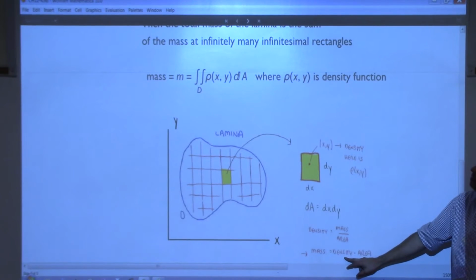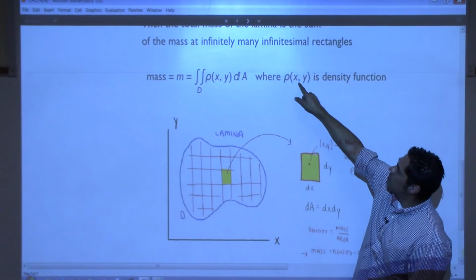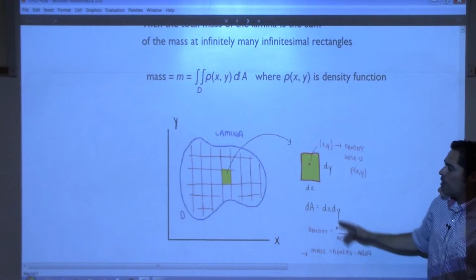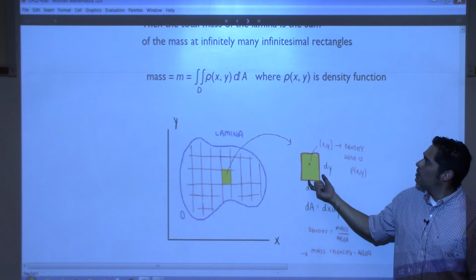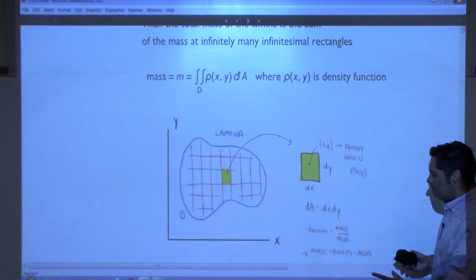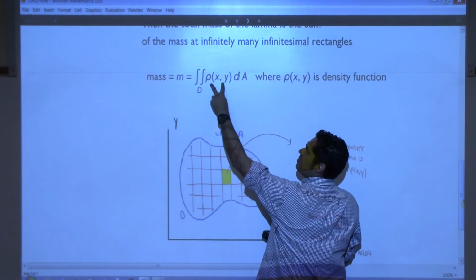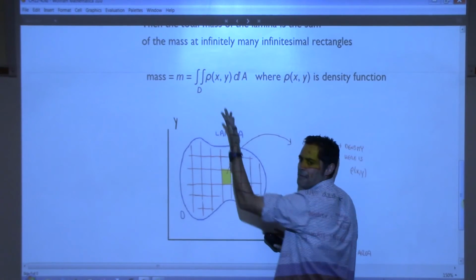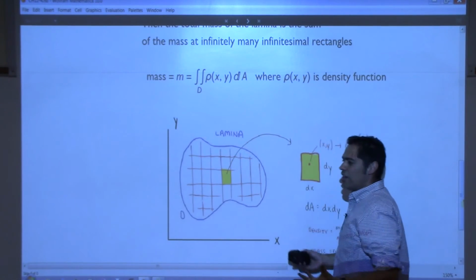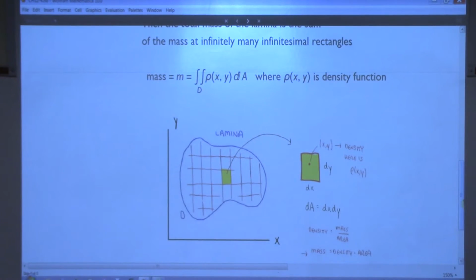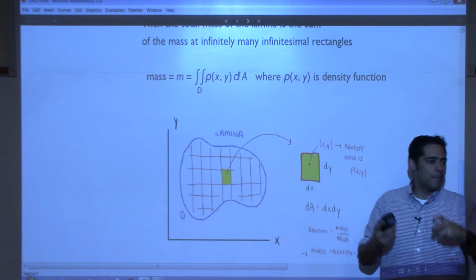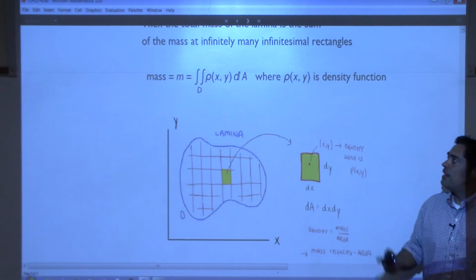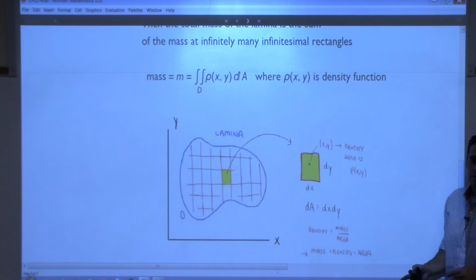Density you're given is a function. Here's your density function. Area we know, because that's what we've been doing. So you're adding up all these little masses, which means you add up the density times the area. And replace that with f, and that's what we've been doing, right? So all that's changing here is that the function actually means something now. f of x, y, if it represents a density function of a lamina, then doing that double integral over that region gives you the mass of the object, the mass of the lamina.